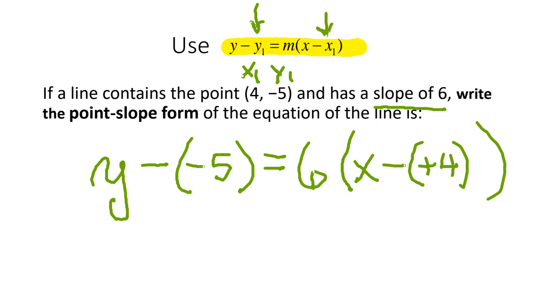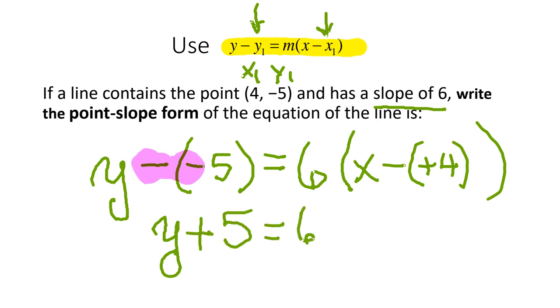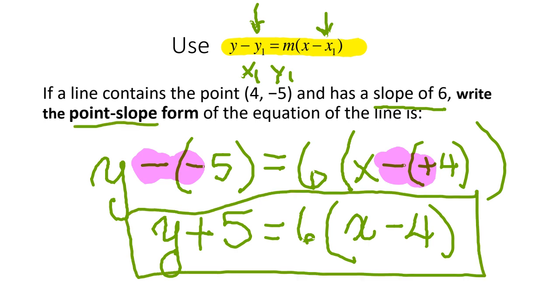That means that these two negatives are going to give me y plus 5. This is going to give me 6, but don't forget, these two signs are going to give me x minus 4. This is my answer in point-slope form.